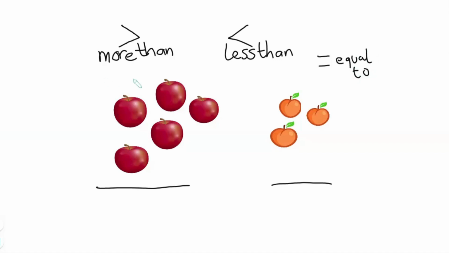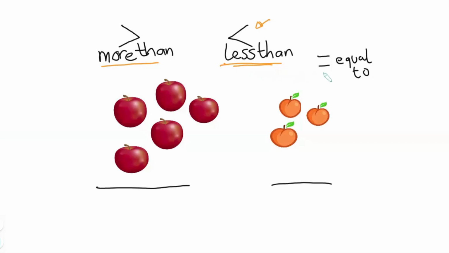So our more than symbol means that when we read it as a sentence, it goes in between something that is more than the other. And when we use this symbol here, this symbol would point to something that is less than the other.